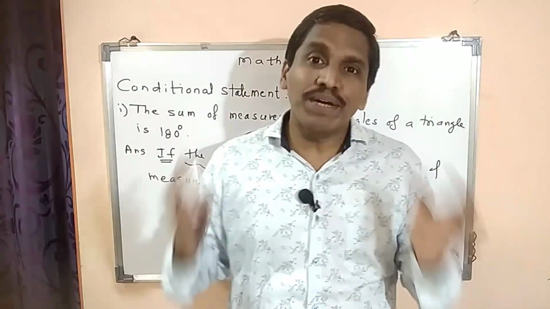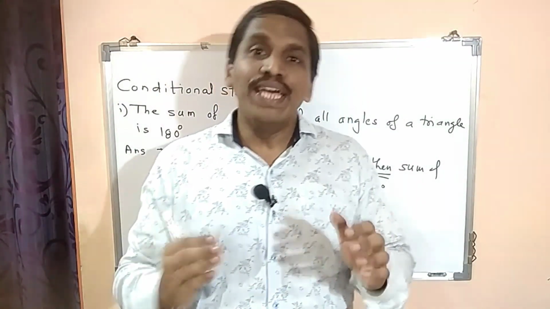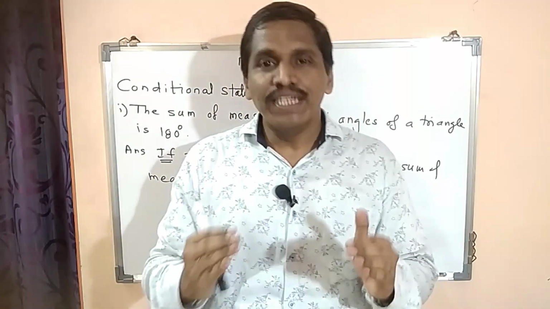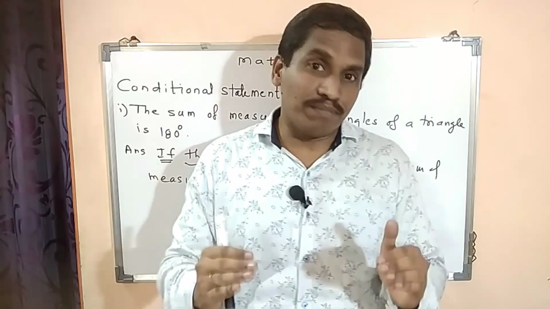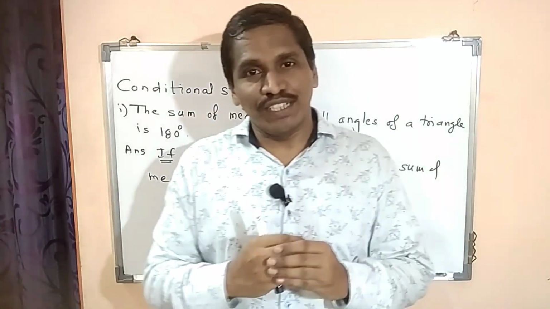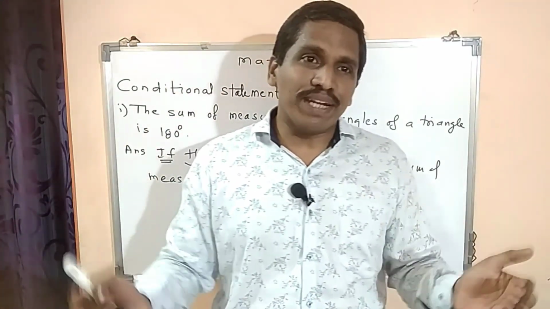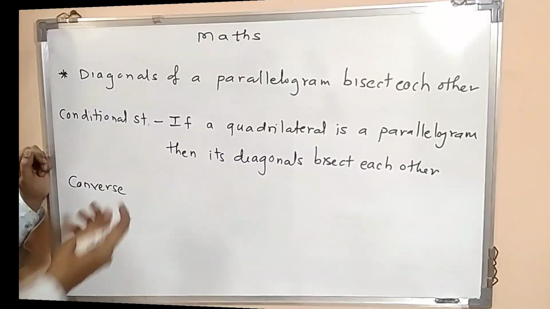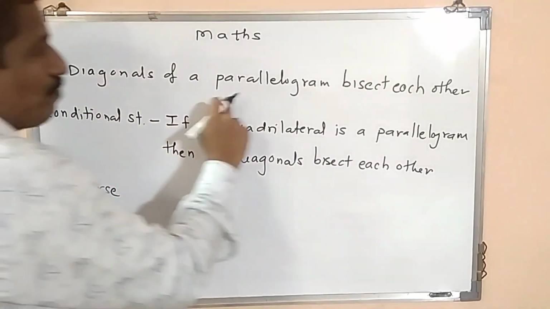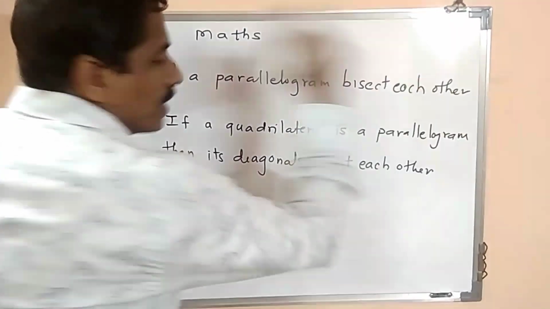Converse. What do you mean by converse? If given and to be proved part of a given conditional statement are interchanged, the resulting statement is called converse of that statement. Diagonals of a parallelogram bisect each other.